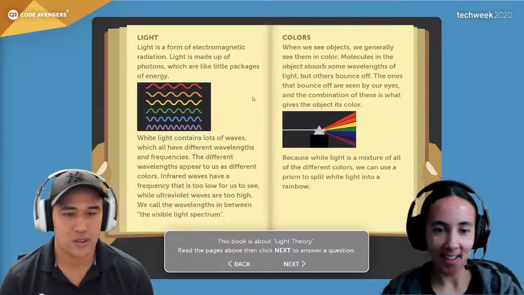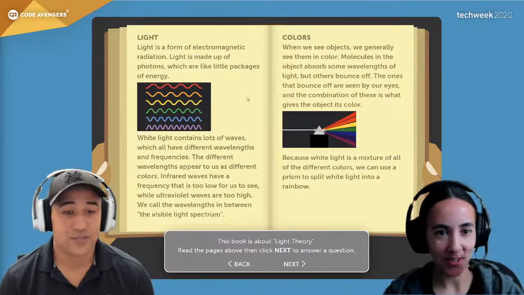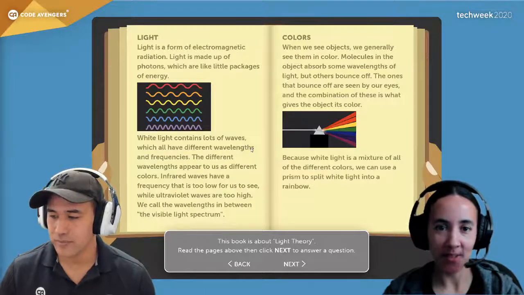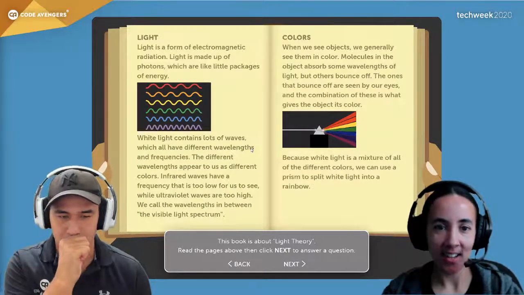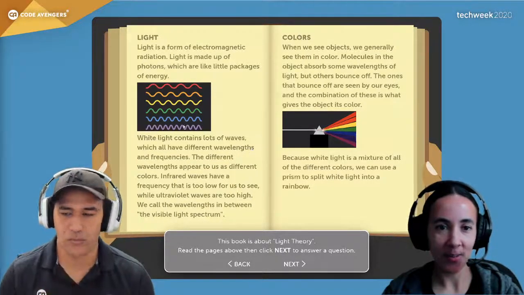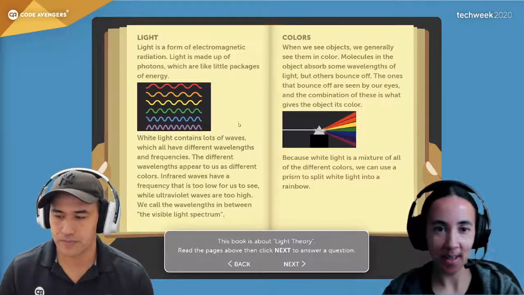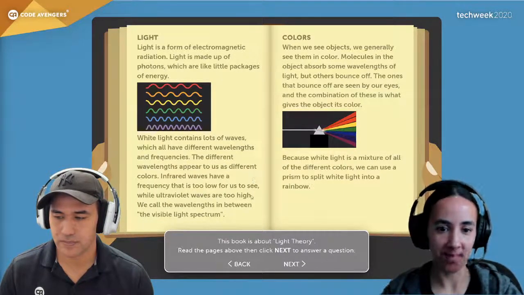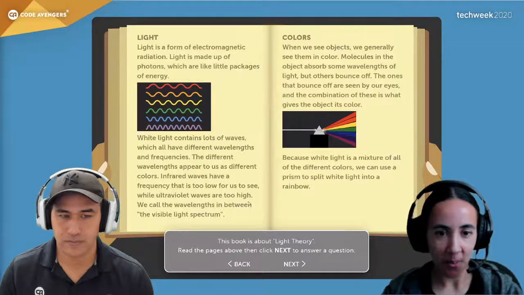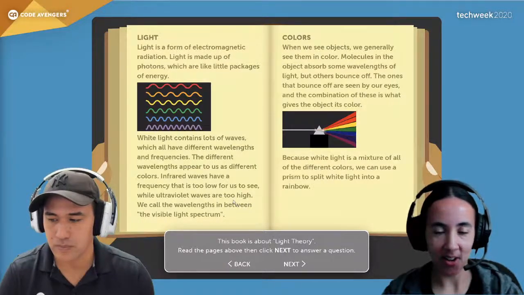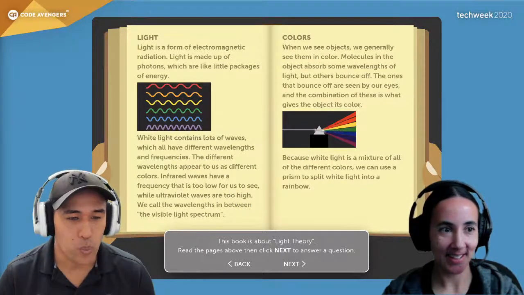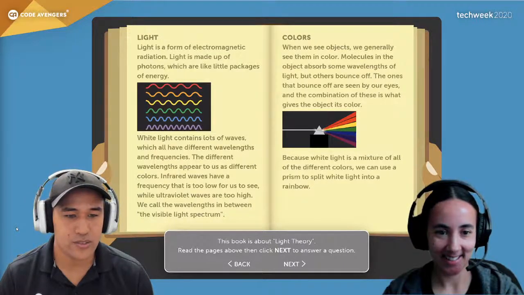All right. I'll start and read some of this. So light is a form of electromagnetic radiation. Light is made up of photons, which are like little packages of energy. White light contains lots of waves, which all have different wavelengths and frequencies.